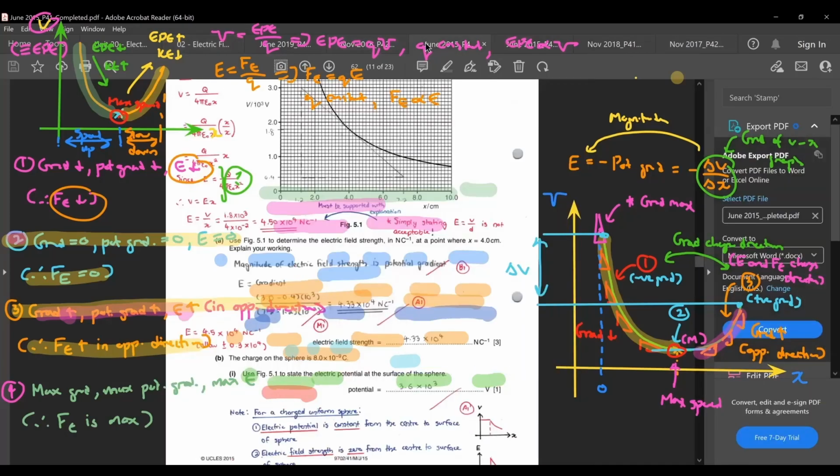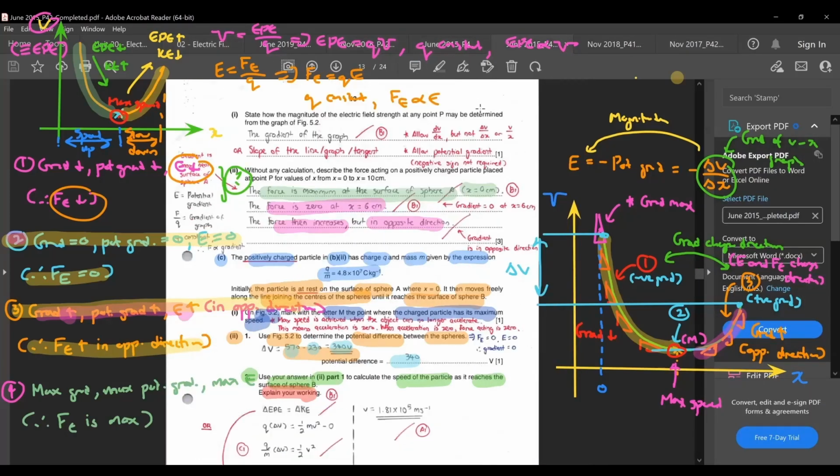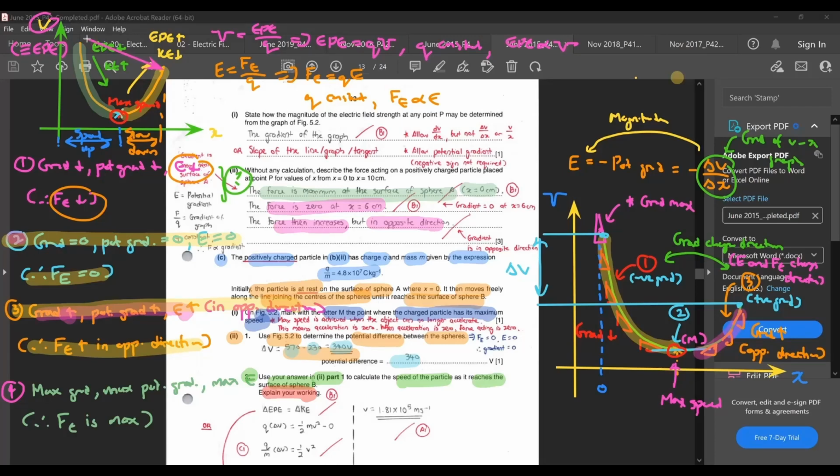Okay, so here you again would use conservation of energy, but this time it is applied from here to here. Let me see whether I can draw that arrow here. It's applied from here to here, this pink color arrow here.